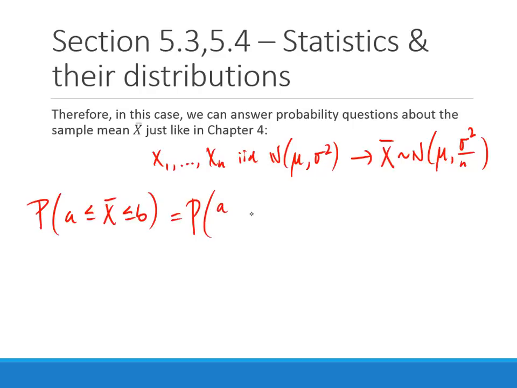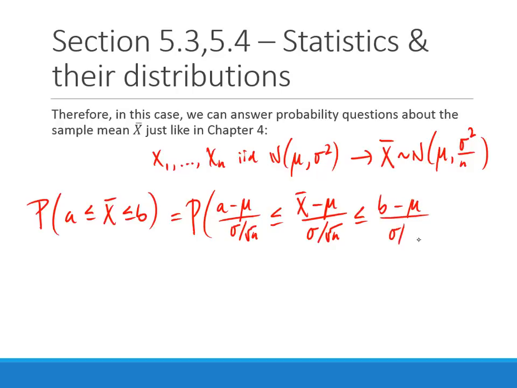We can take a minus the mean divided by the standard deviation, which is now sigma divided by the square root of n. Do the same thing with x bar, subtract its mean divided by the standard deviation. That's going to give us something involving the standard normal.